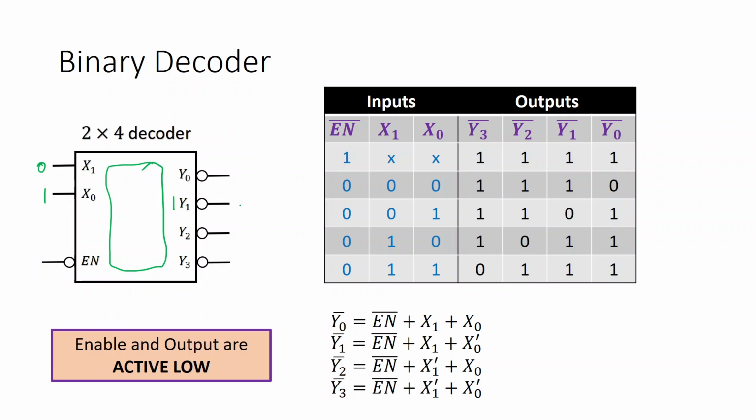Now this one will come outside as a 0, and now my job is done. This is what I needed. So I just put a bubble here. Bubble means like a NOT gate is there before letting the output out. And since these would have been all zeros for this particular combination, what we get at the output are all ones.